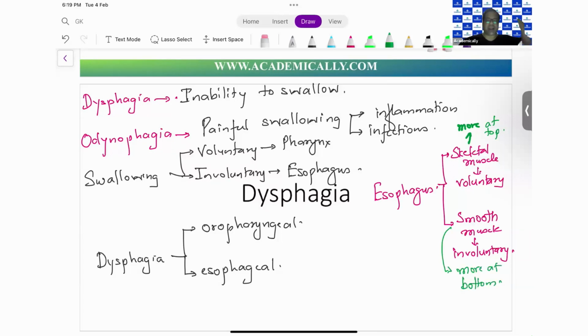In the upper part, you will hardly have any smooth muscle, and lower down, there will be only smooth muscle. So as swallowing takes place, there's first the voluntary phase, and then the involuntary phase. The upper part of the esophagus and the pharynx are responsible for the voluntary phase, and the lower part of the esophagus with the smooth muscle, where there's peristalsis, is responsible for the involuntary phase.